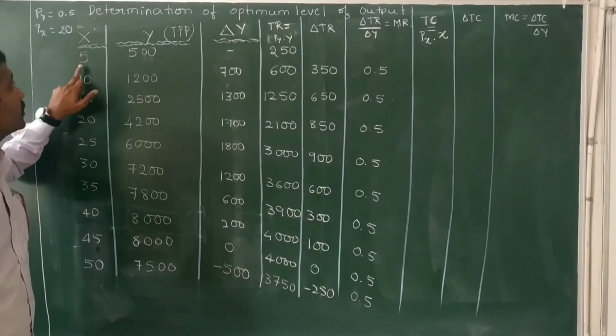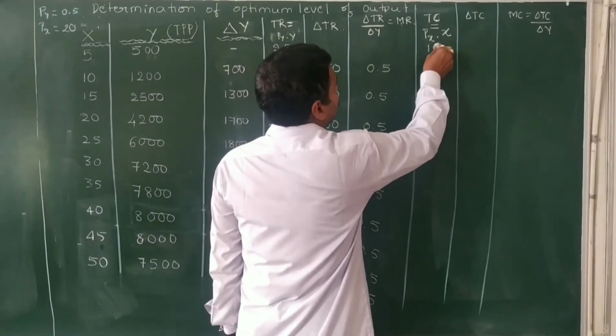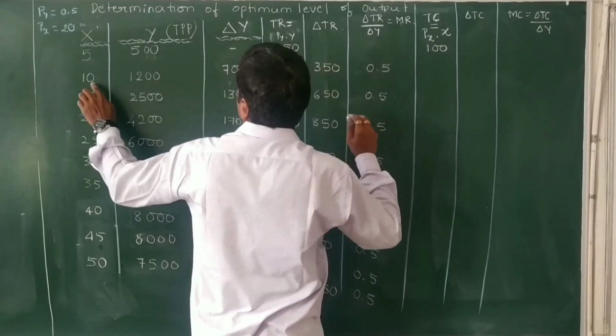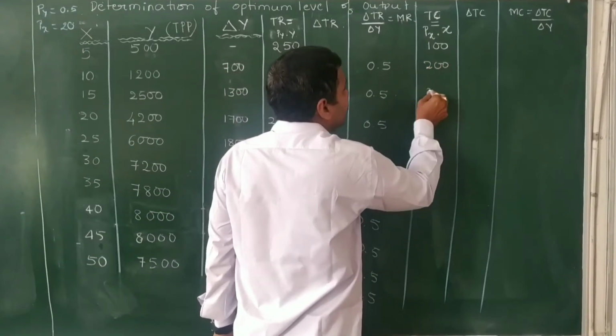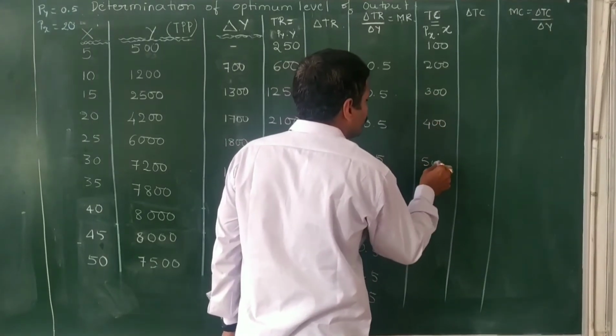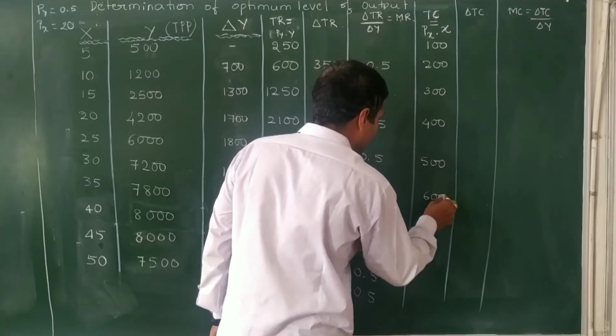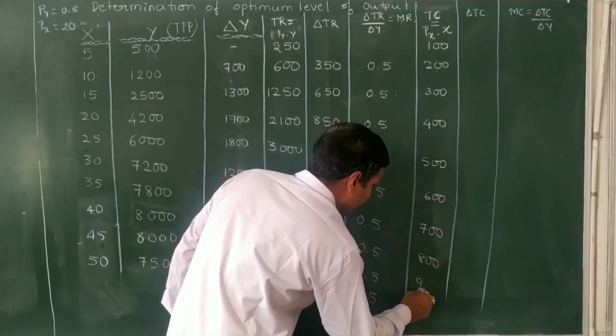It is 20, so 5 into 20 is 100, and you need to repeat the procedure. In this case, 10 into 20 is 200. If you repeat, then you will get 300, 400, 500, 600, 700, 800, 900, then 1000.